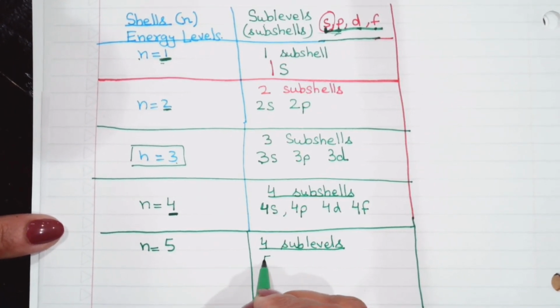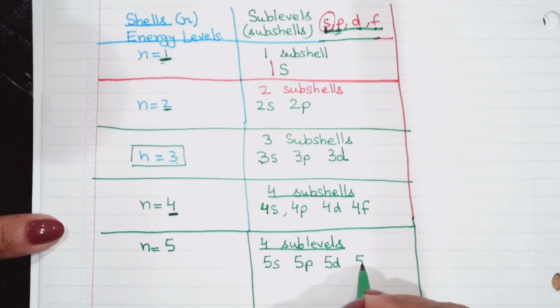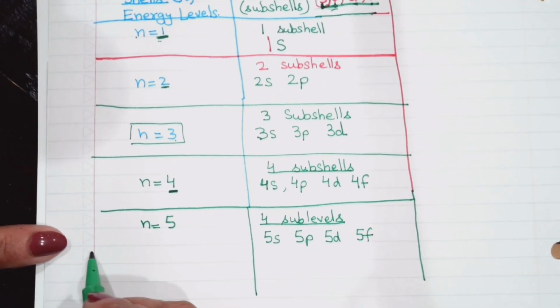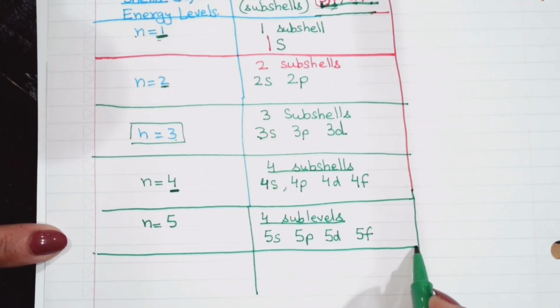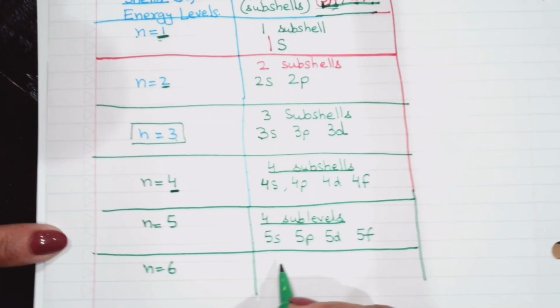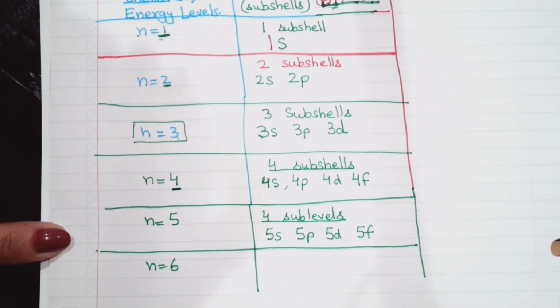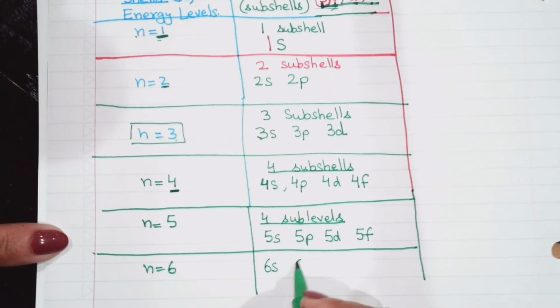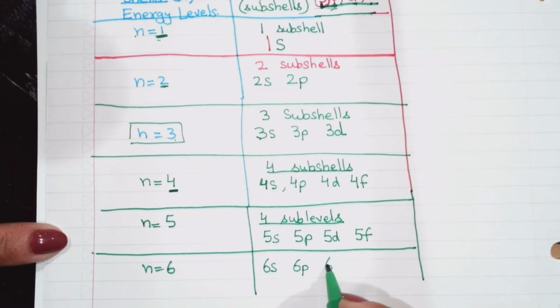That would be 5S, 5P, 5D and 5F, right? Same for the 6th energy level or 6th shell. N equals 6, we still have 4 sublevels. That would be 6S, 6P, 6D, 6F.